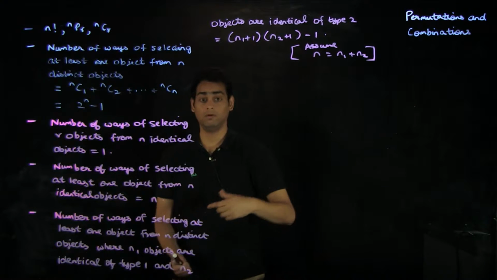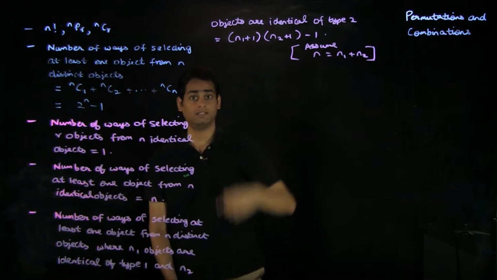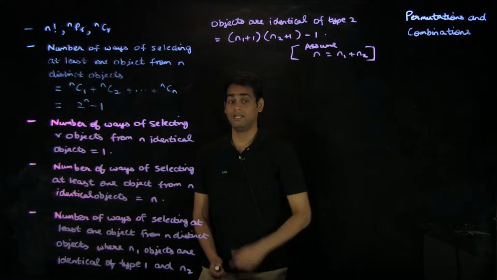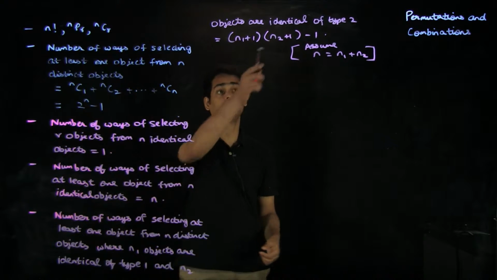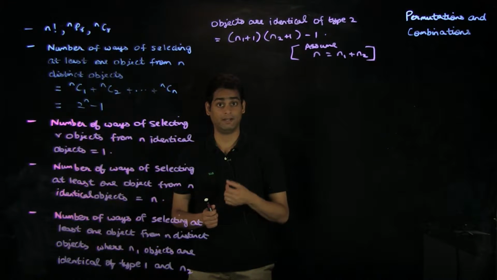And so you can arrive at this result by noticing that n1 plus 1 is the number of ways of selecting at least 0 objects from n1 identical objects, and n2 plus 1 is the number of ways of selecting at least 0 objects from n2 identical objects.